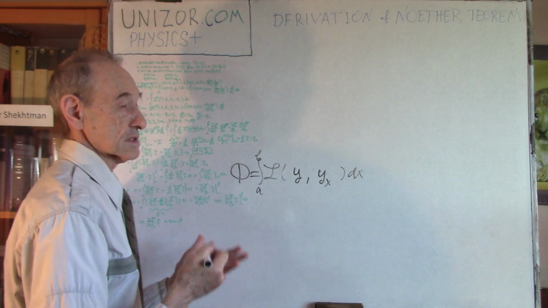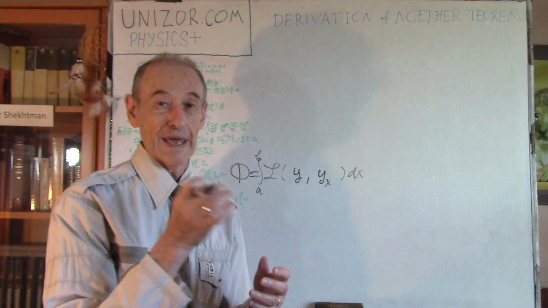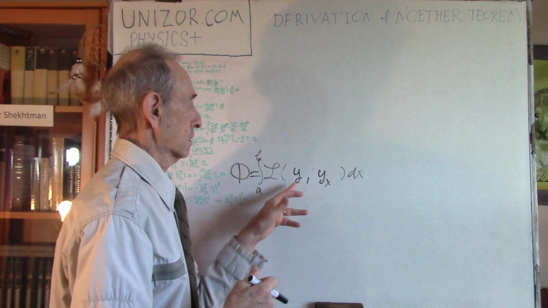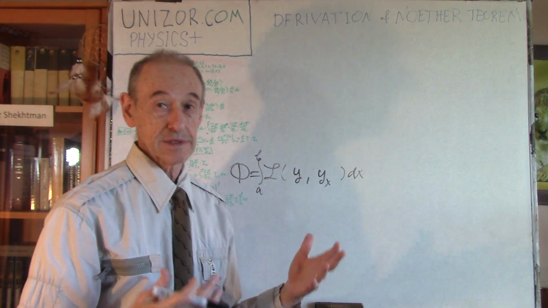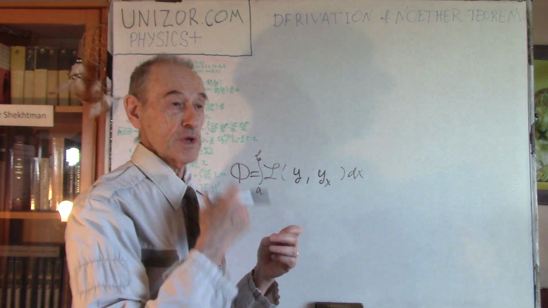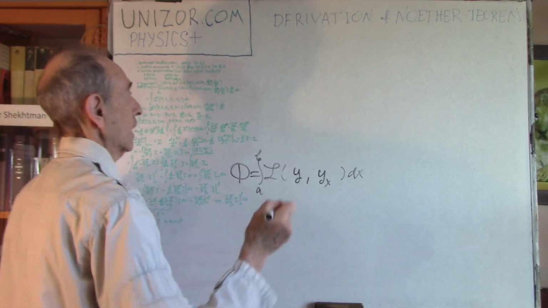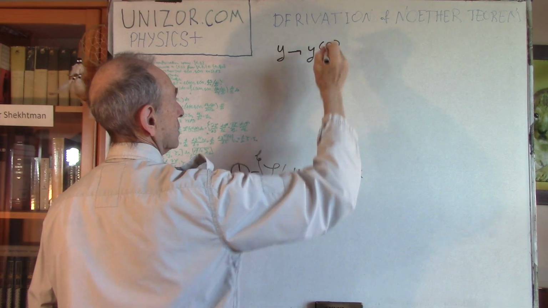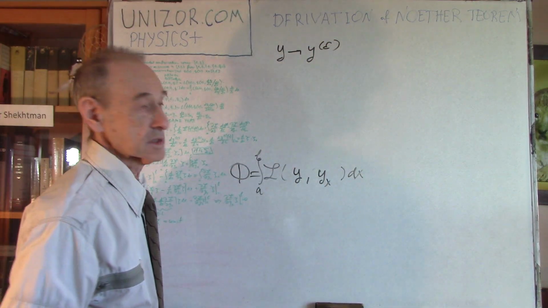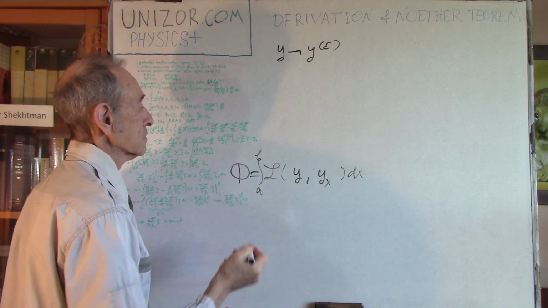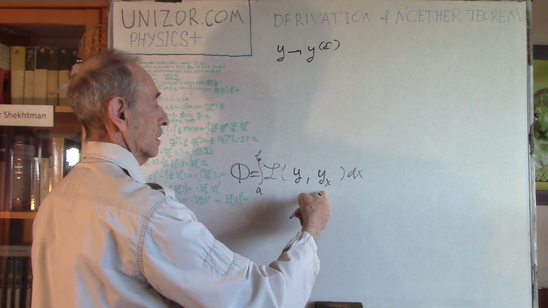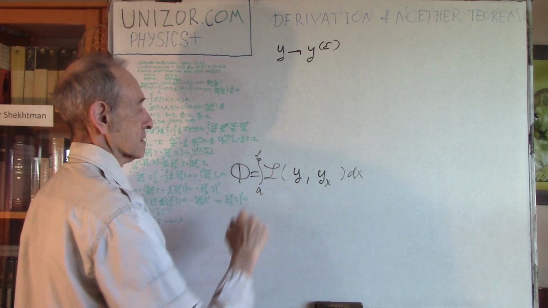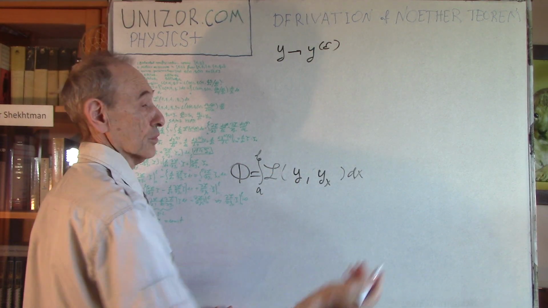Now, the epsilon transformation is a transformation by epsilon of any point. So for any point y in the extended configuration space, we apply the epsilon transformation, and y goes to y epsilon, whatever the y epsilon is. Correspondingly, my pseudo-functional with this nice letter L will also change.